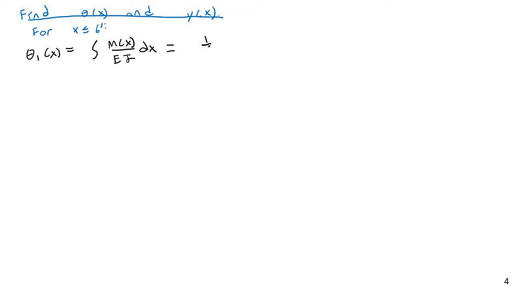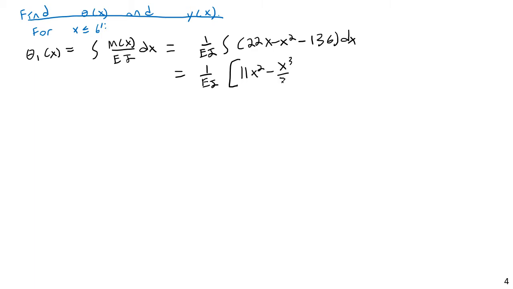So 1 over EI times the integral of 22x minus x squared minus 136 dx. And if you work through that integral, you will find that this is 1 over EI, which is just a constant, that's not going to change, times 11x squared minus x to the third over 3 minus 136x plus C1, a constant from the integration. So we will come back to this.